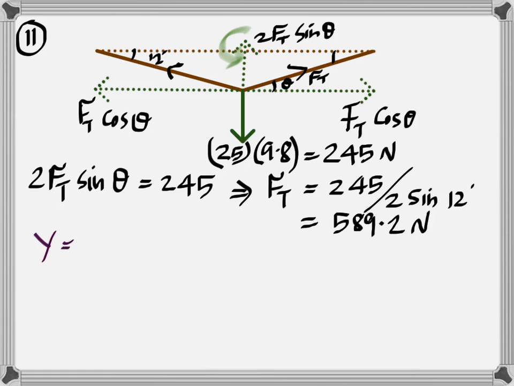Alright, once you get that, this is the equation you're going to use for Young's modulus, but remember that you're asked to find the radius, which means you have to find the area of cross section.